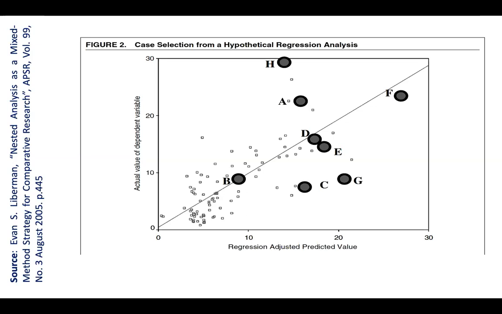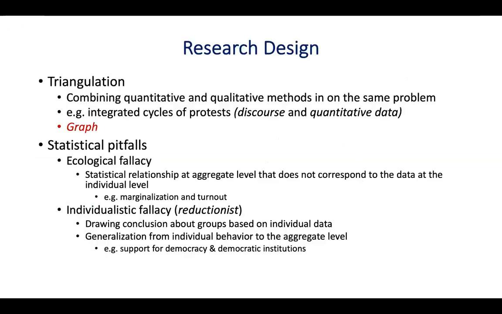So the case selection here will depend on the statistical results and the findings you achieve. And then you combine this quantitative and qualitative methods in order to increase the explanatory leverage or inferential leverage of your research.